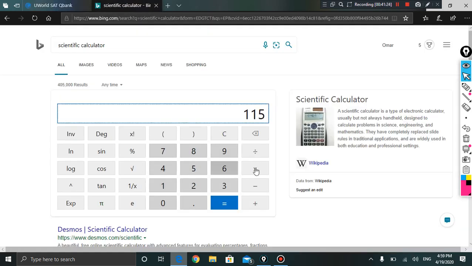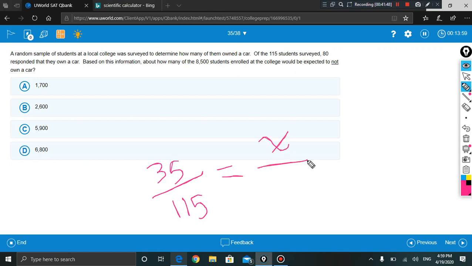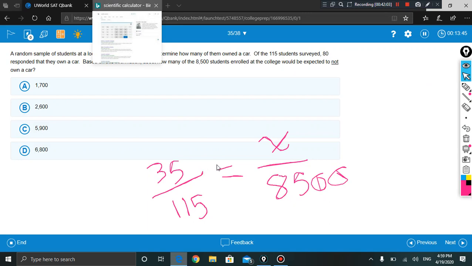That should get us started. So 115 minus 80, that's 35. So what we can do here is set a proportional equation. Let me write it down here. 35 over 115 is equal to what over 8,500. That's a nice proportional equation. Okay, I'm gonna calculate it in a little bit different manner in this calculator in front of you guys. 35 over 115. Okay, let me do that.